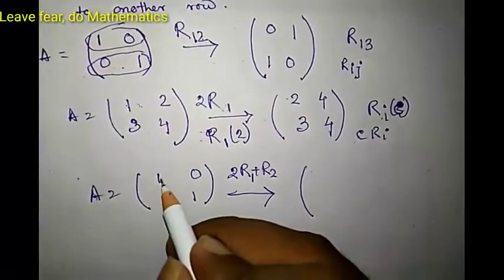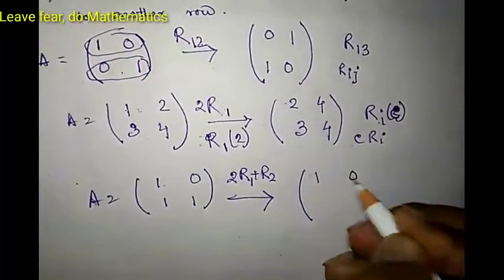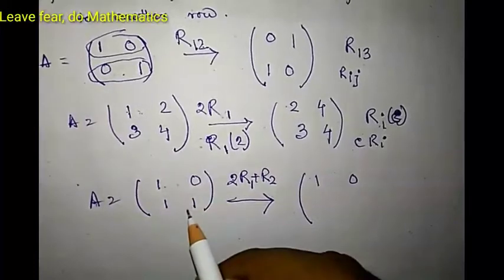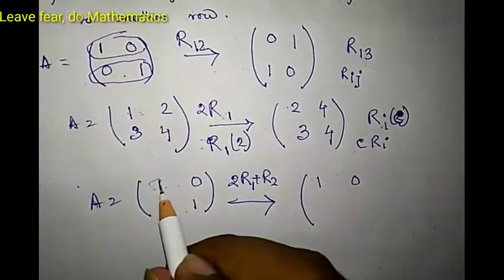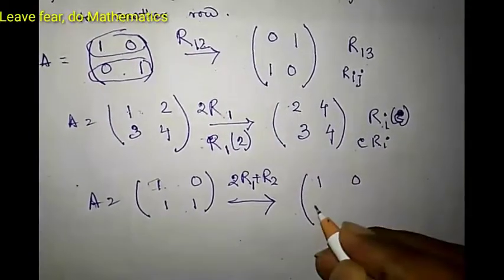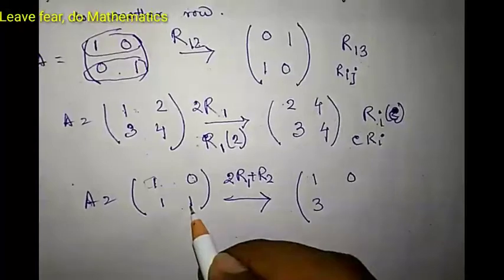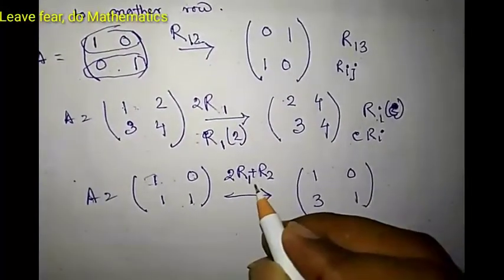Row 1 is not changing, so write row 1. Now we are multiplying the first row by 2 and adding it into row 2. If we multiply the first row by 2, it becomes 2 into 1 and 2 into 2, then add it to the second row: 2 plus 1 equals 3. Similarly, 2 into 0 equals 0, plus 1 equals 1. So this is 2R1 plus R2.